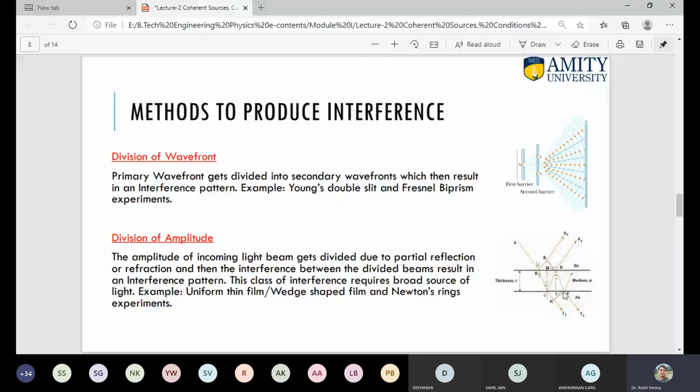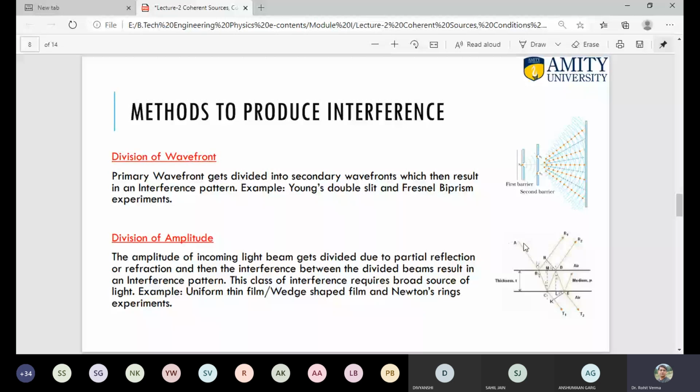So from the same source of light, you are getting two reflected rays R1 and R2. One ray you are getting directly, and another ray you are getting by traversing the path B, C, and D. Since these two rays originate from the same source of light, they will be of the same frequency.